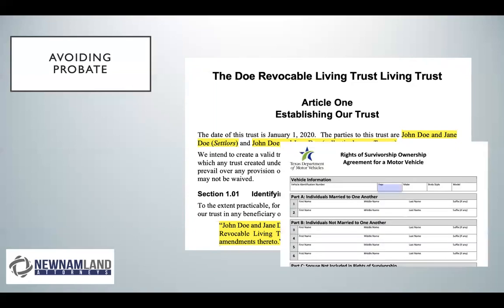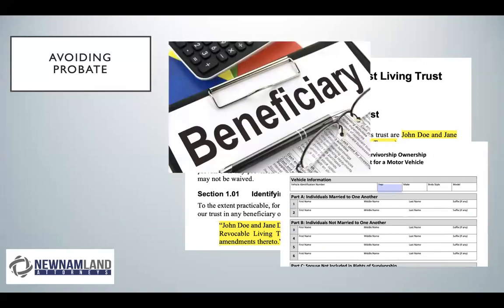But trusts are often used in conjunction with other things like ownership rights and or beneficiary designations. Those are two other ways of avoiding probate. So if you have an owner with right of survivorship on an account, or a motor vehicle like I'm showing here, or you have people named as pay on death beneficiaries, for example, bank accounts, retirement funds, investment accounts, even cars, that can avoid probate because those will go directly to those heirs upon your death.